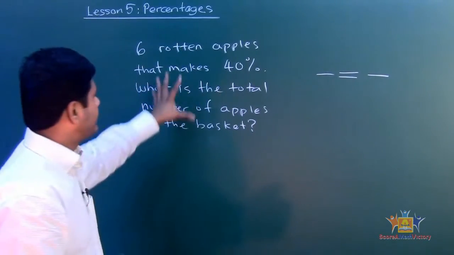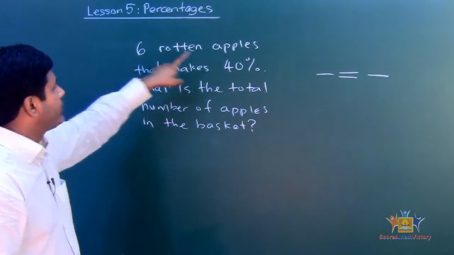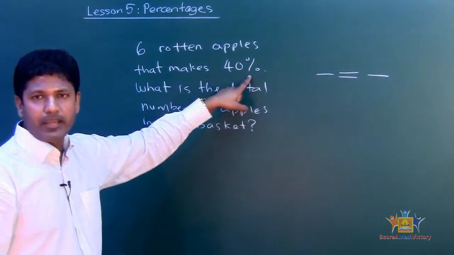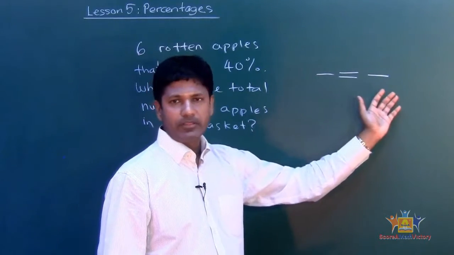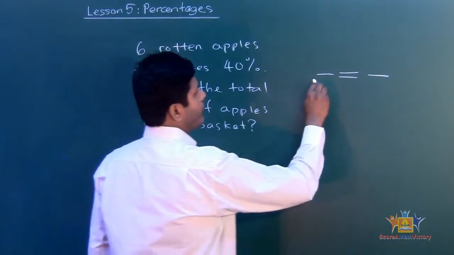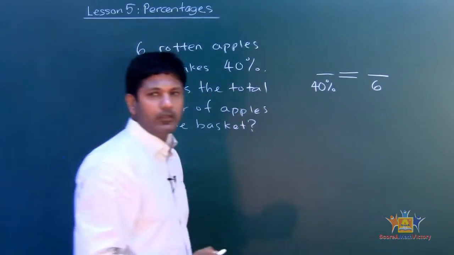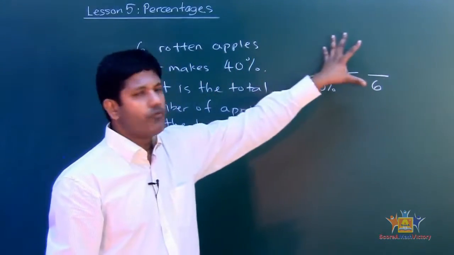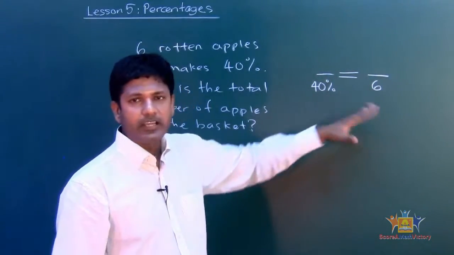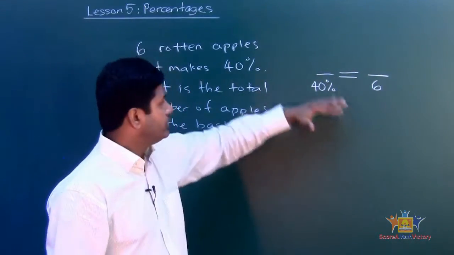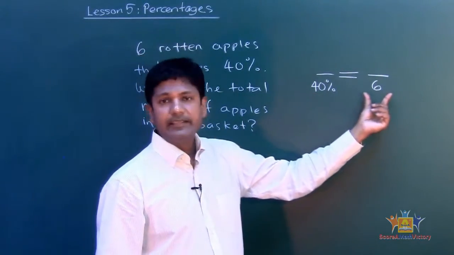Now let's extract the information. I know 6 rotten apples make 40%. We always decided to keep the percentage on this side and the number on this side. So I know 40% is 6 apples. Remember, the one we don't know we keep up as a numerator, and the one we know on both sides is always the denominator. So we keep this one as the denominator because we know 40% is 6 apples.